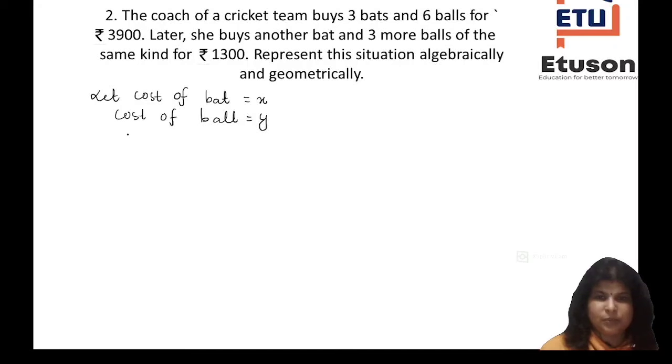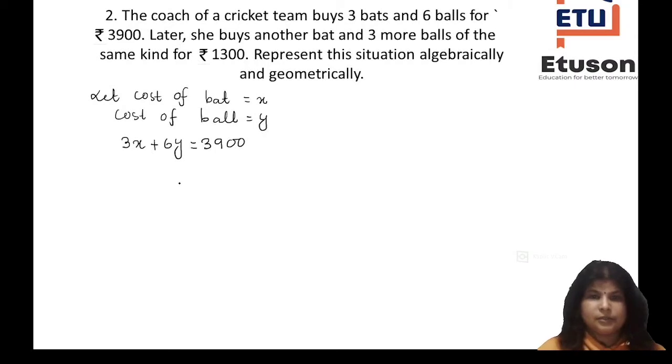So your first equation will be 3x + 6y = 3,900. Later he buys another bat and 3 more balls of the same kind for rupees 1,300.